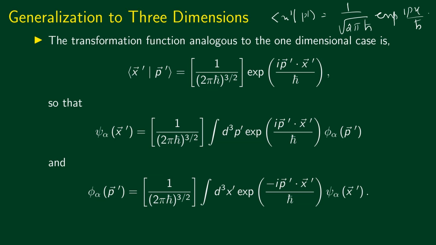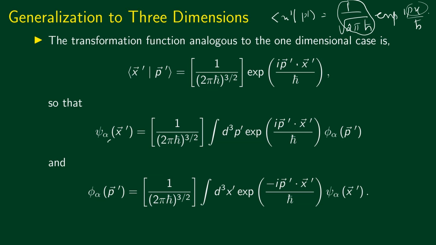Now all these will become vectors, so we'll get one factor like this for each dimension. So this would become 1 by 2 pi h bar raised to 3 by 2. That would be the normalization factor. And on the exponential, again, you will get one term for each component.